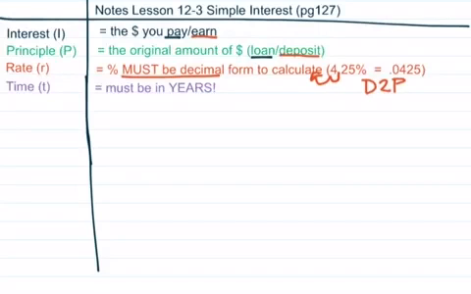I have a percent that I'm moving to a decimal. So I would have to move the decimal 2 places to the left, and this right here would be the result as that percent as a decimal. Okay? And then time, again, time must be in years.